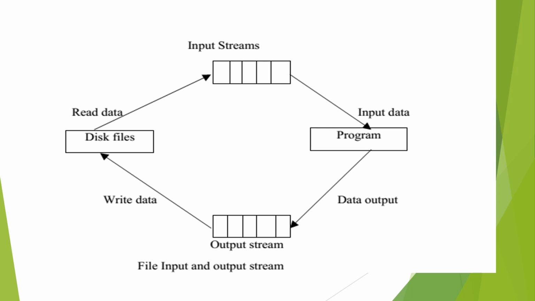We are reading the data as input data. And what is an output stream? From the program, we write data as output, and that is known as an output stream.